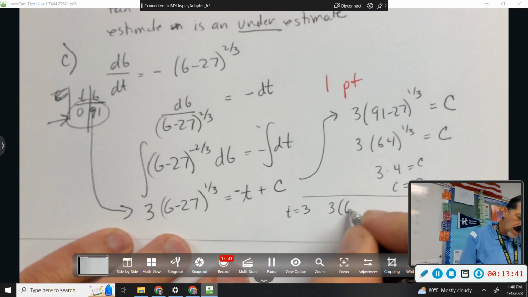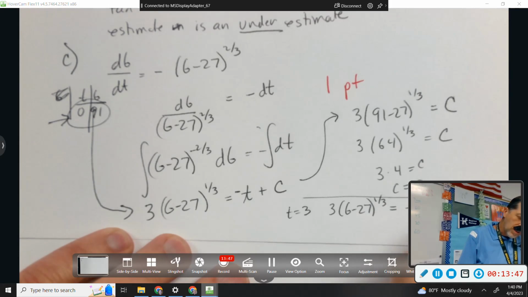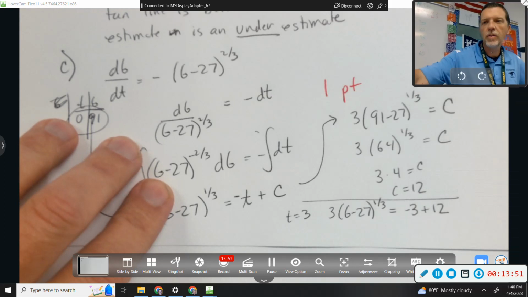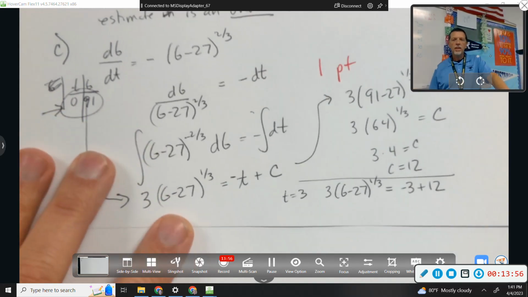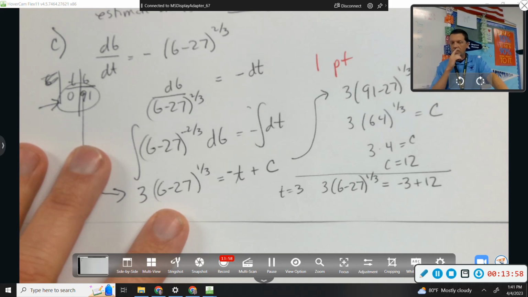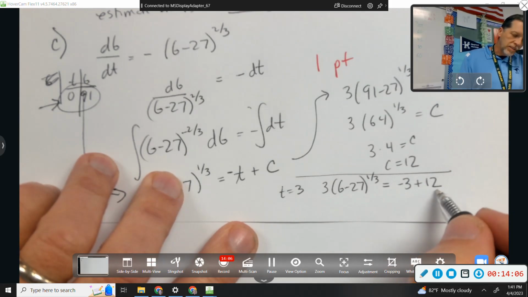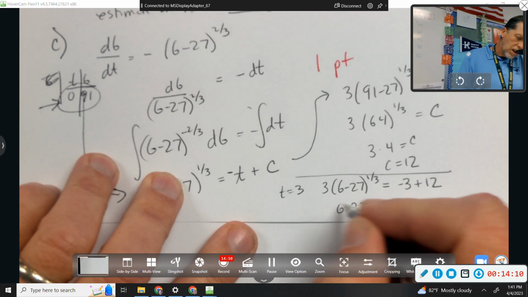So 3 times the quantity G minus 27, to the 1/3, equals negative 3 plus 12. I think they've done us another favor here. Negative 3 plus 12 is 9. Divided by 3 is 3.